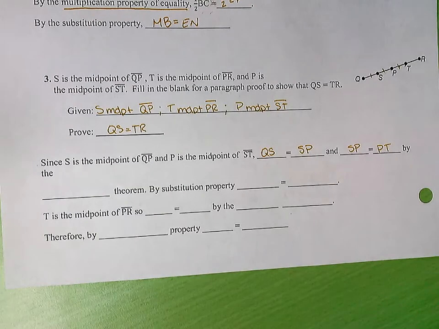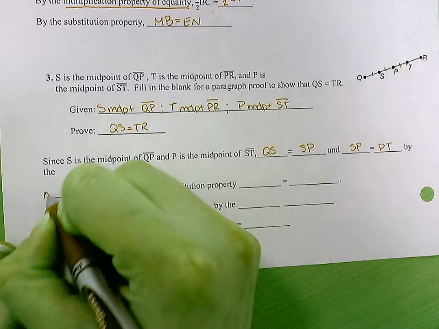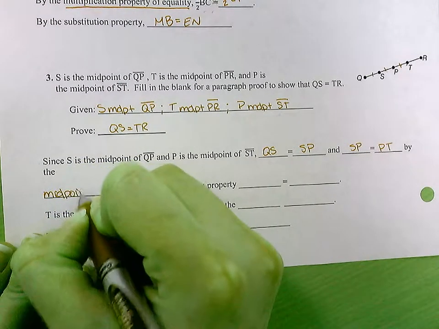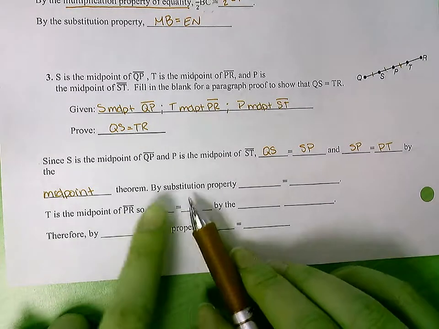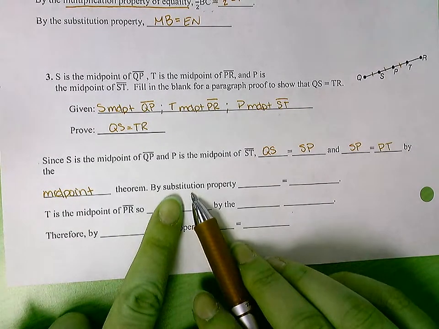Now since I was using the midpoint and I'm saying two segments are equal to each other, that would be by the midpoint theorem. Don't forget you need to say by what theorem or postulate or definition you're doing that step. So say why you're doing it. Next I'm going to use the substitution property.